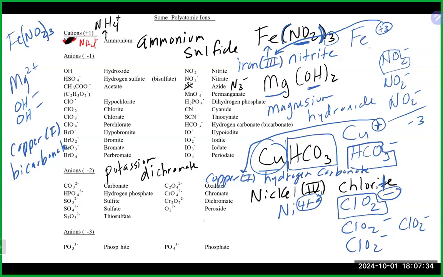And now we can write our formula. We have 1 nickel. And since that is a polyatomic ion where there are multiples, we need parentheses, and we need a 4 there on the bottom. Any questions on that there? And again, if it helps you to draw it out, because all you have to do at the end is just count, right? 1, 2, 3, and 4, right? You could just do it that way. It's much easier sometimes.